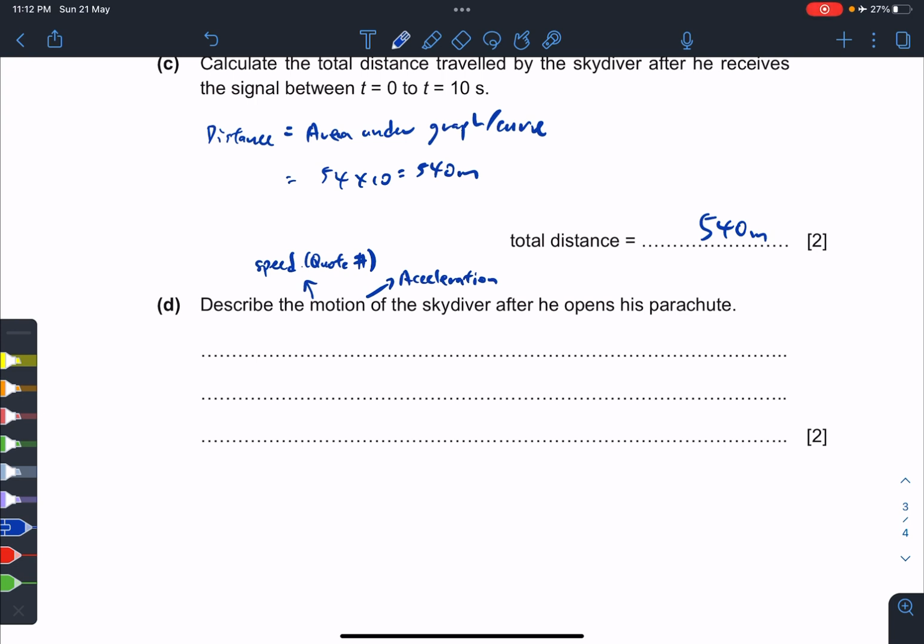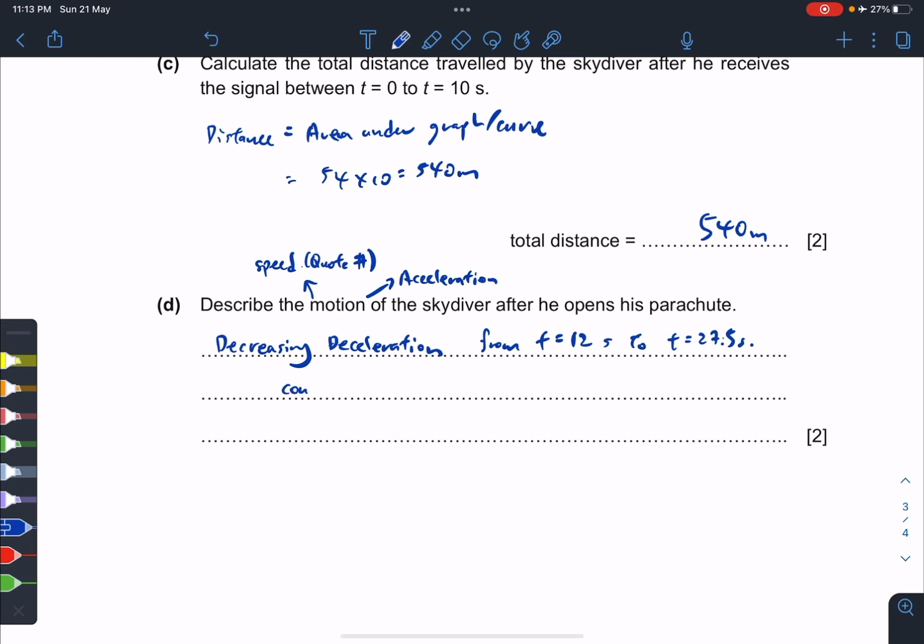So first we'll say that there is a deceleration from time equal to 12 seconds to t equal to 27.5 seconds. So you see, I did not give a number for the acceleration itself.